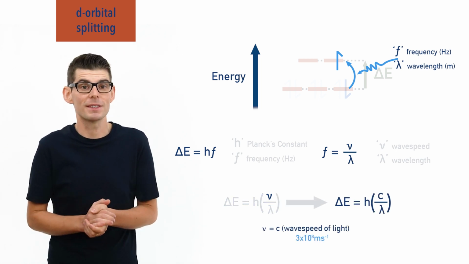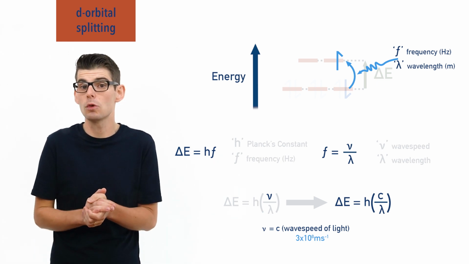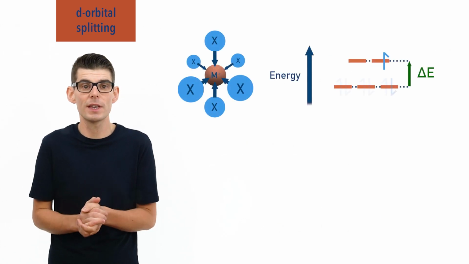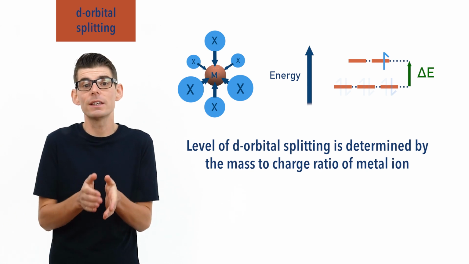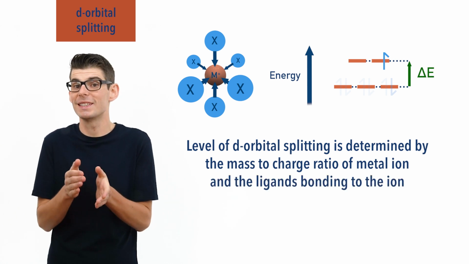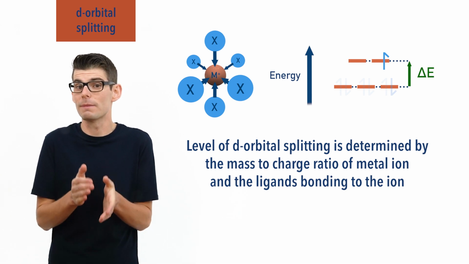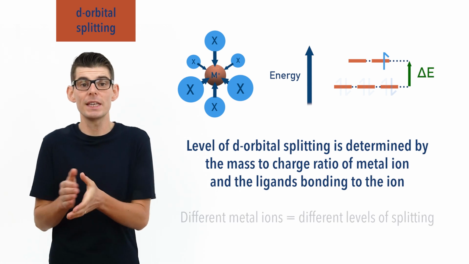The energy gap between the split d orbitals in a transition metal ion complex is determined by two things: the mass-to-charge ratio of the metal ion and the ligands bonded to the ion that caused the splitting in the first place. Different metal ions have different mass-to-charge ratios, and this means the energy gap is different for each.